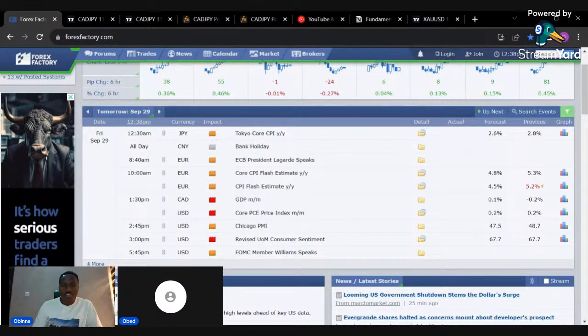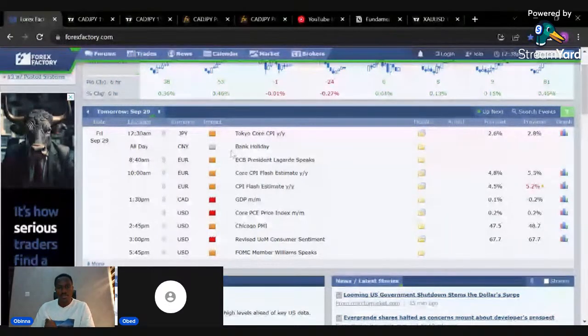This news, for Lagarde, I can't say. I'll just need to check with this statement some minutes after. But for this 10 o'clock news, it doesn't really affect the market that much. So I'll say morning is good for me to trade. In the afternoon is okay. I like trading PCE.